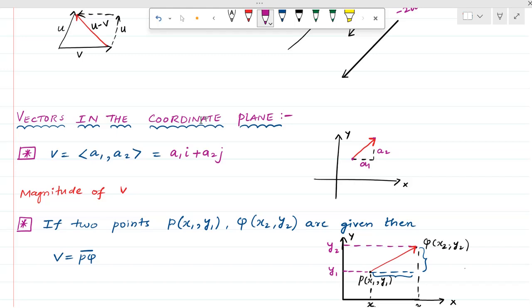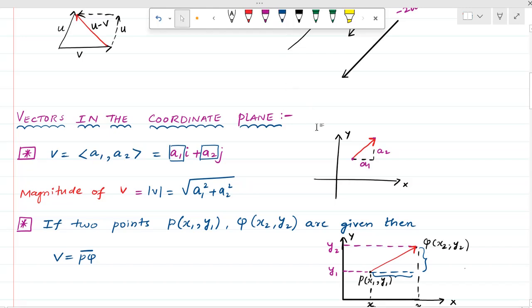Is it clear? Now, what is the magnitude of the vector? The magnitude is equal to the square root of a1 square plus a2 square, that is, the coefficient of i and the coefficient of j, each squared.